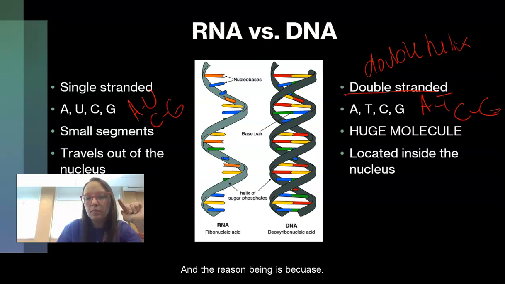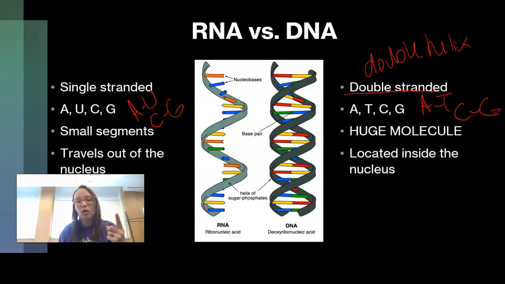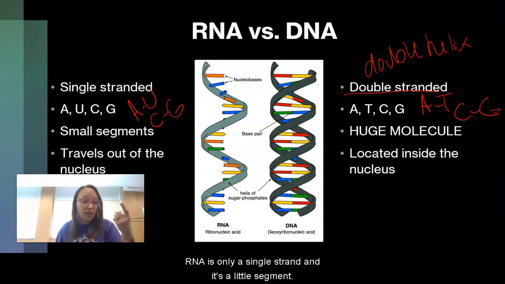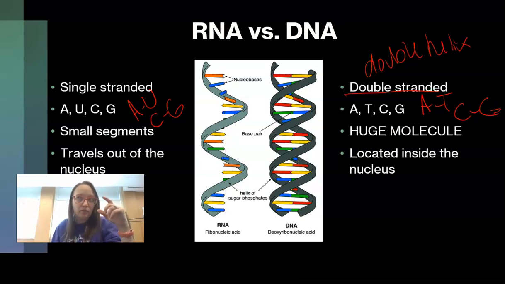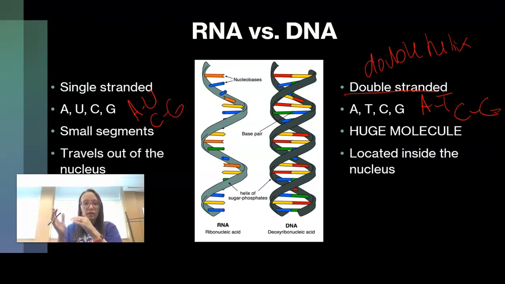And the reason being is because we use RNA to help move the message. So DNA is really huge and it's stuck in the nucleus of that cell. Well, RNA is only a single strand and it's a little segment. So what it can do is it will come and bond with that DNA.